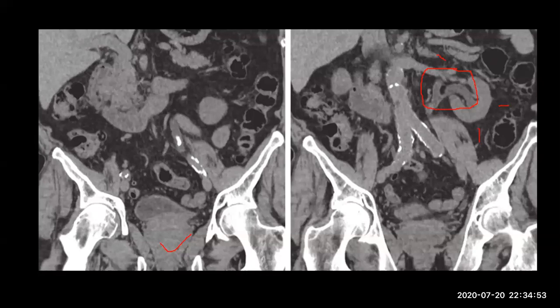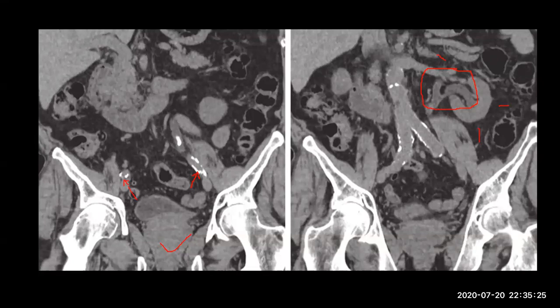What is this here, the one with the arrow? Calcified ureter? No. This is an artery. Internal or external iliac?